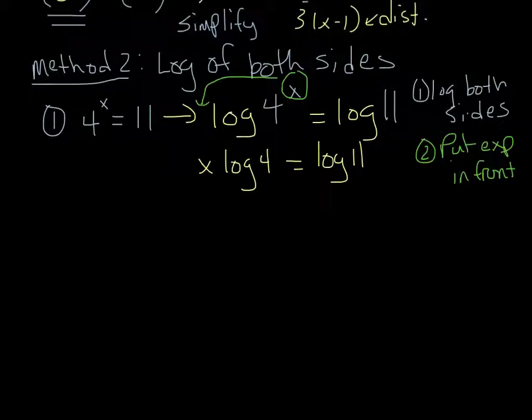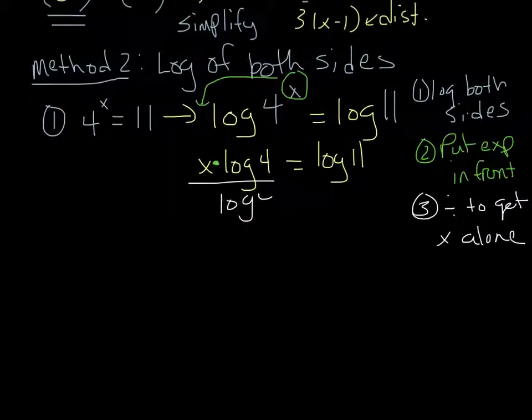Well, right now, I have x not quite by itself. I have x times the log of 4. So my final move is going to be to divide to get x alone. And what am I going to divide by? The log of 4.